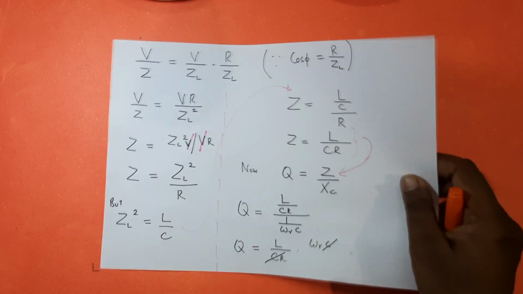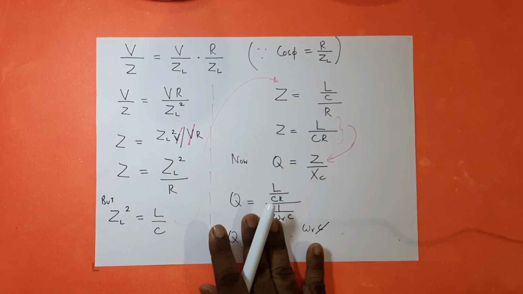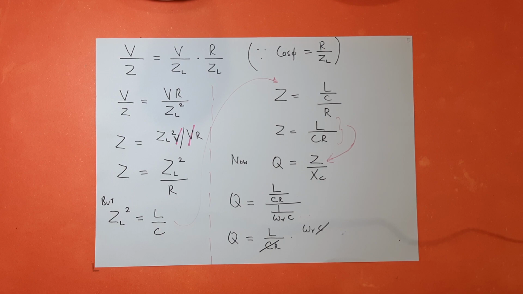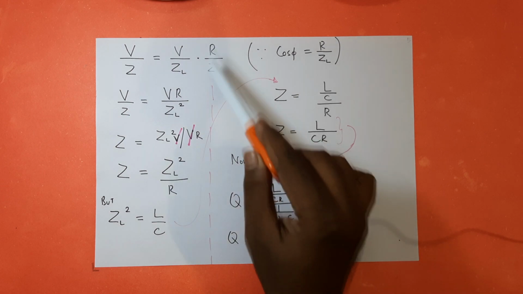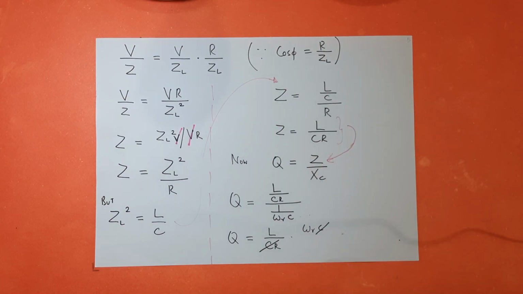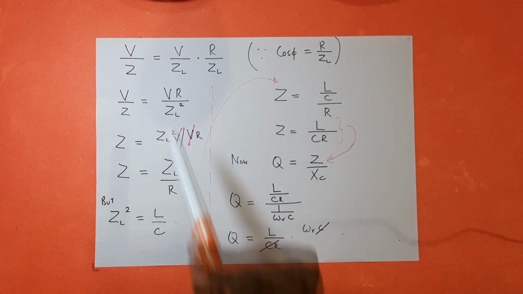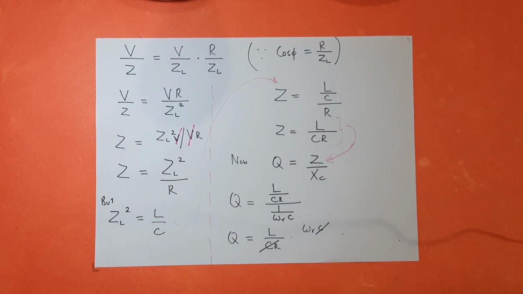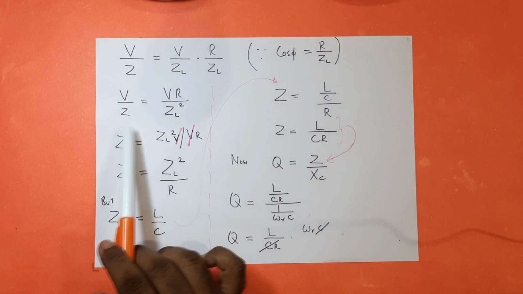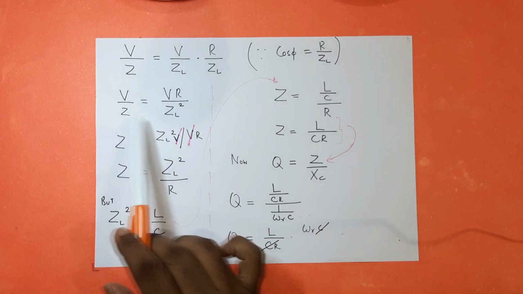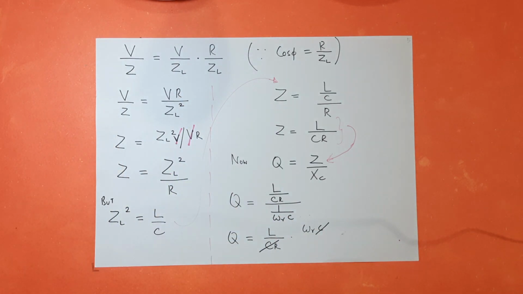Now what is I? That is the circuit current. I is nothing but V by Z, and IL is V by ZL. Cos phi is R by ZL. So V by Z equal to V R divided by ZL into ZL, which is ZL square. So Z equal to, you want Z, you take this here, bring it down.